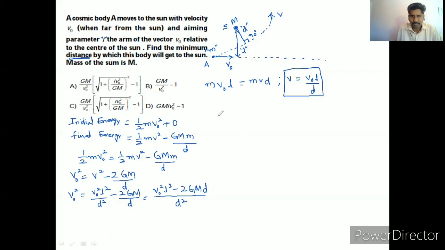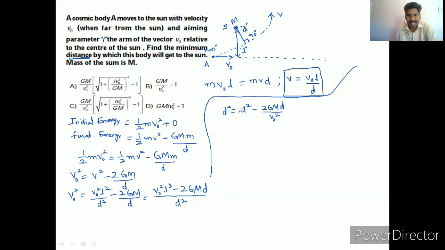Next, d square is equal to L square minus 2GM d by v naught square.